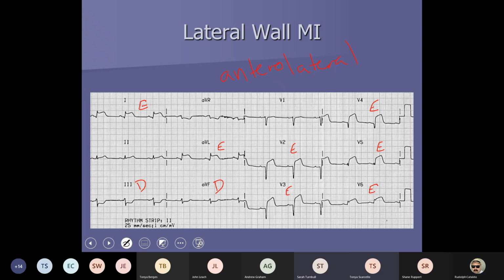Right. I'll generally always see depression or elevation in the opposite leads, on the opposite side of the heart. That's our reciprocal change. So I could definitively say with this that this patient is having an MI, because I have depression on the right side of the heart and elevation on the left.